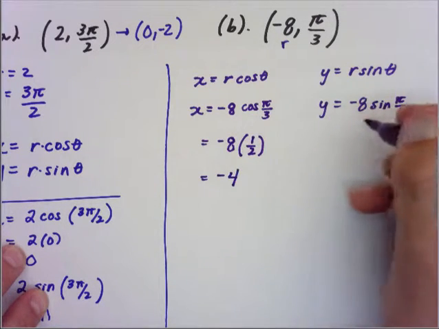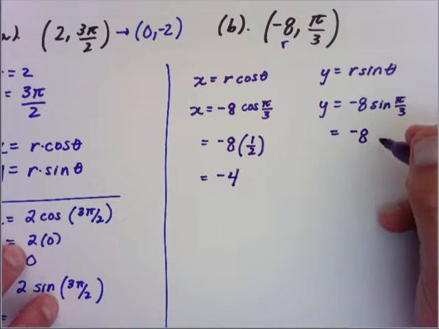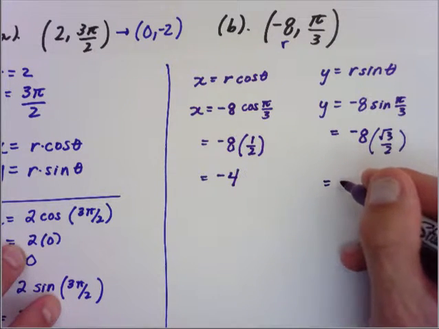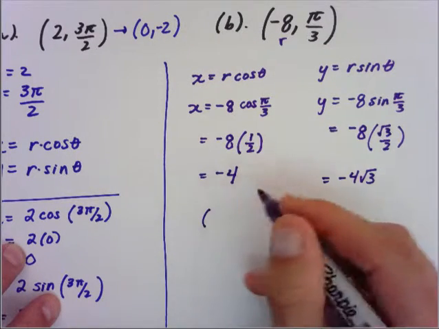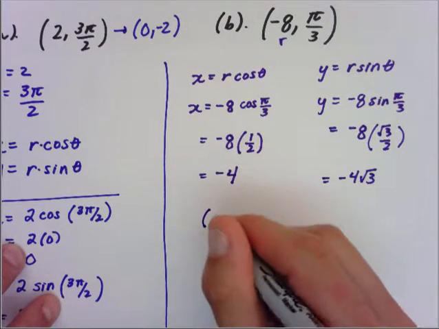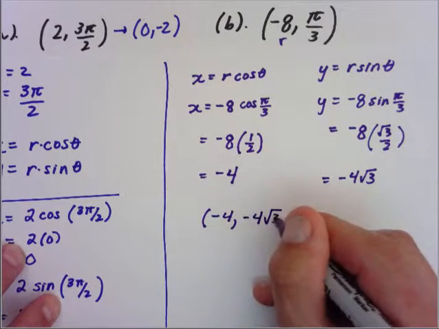My y value is going to equal negative 8 times sine of pi over 3, which is root 3 over 2, which simplifies to negative 4 root 3. So the ordered pair that represents this polar coordinate is negative 4 comma negative 4 root 3.